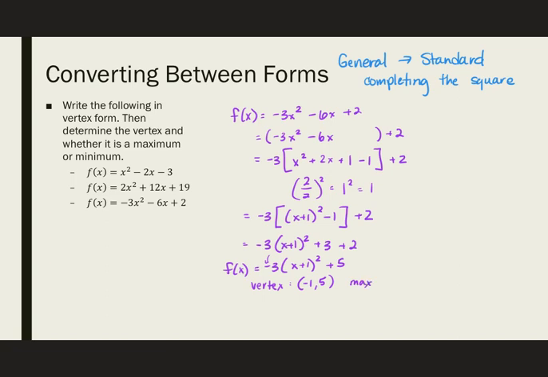Our domain is all real numbers because it's a parabola, and that's what the domain of a parabola is. Don't overthink it. It's literally just the definition. So our range, because this is our maximum, is going to go from negative infinity up to that maximum value.